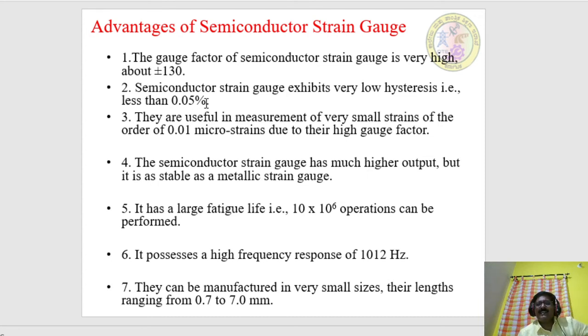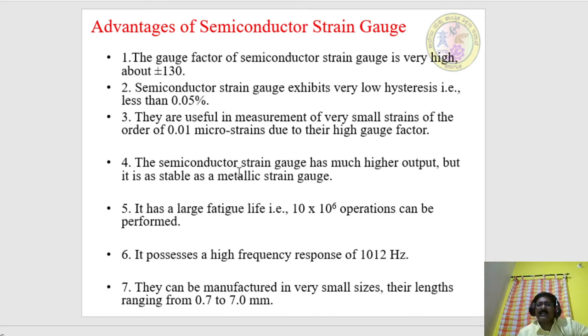This is a very useful property, and from this you can eliminate errors. They are useful in measurement of very small strains, of the order of 0.01 micro strains, due to their high gauge factor, as I told you in the first point.